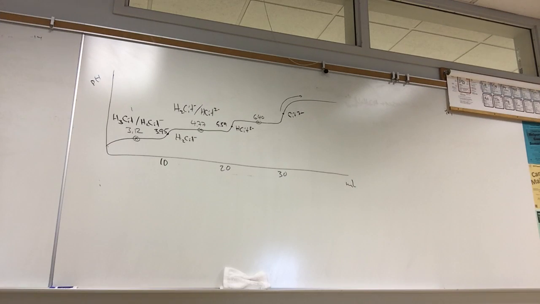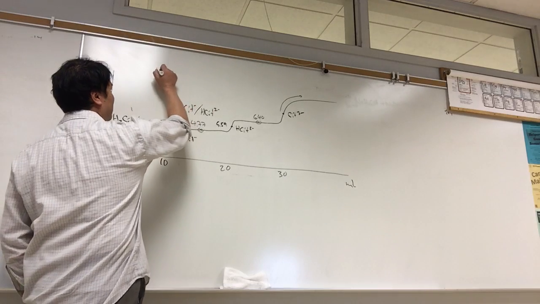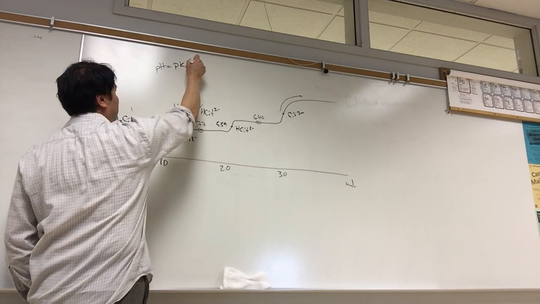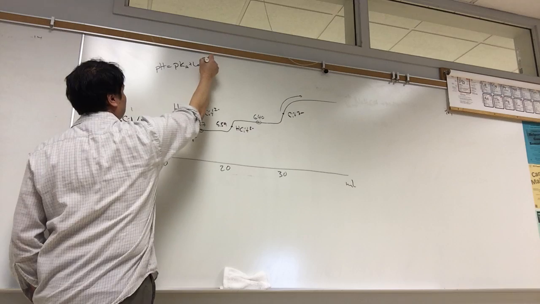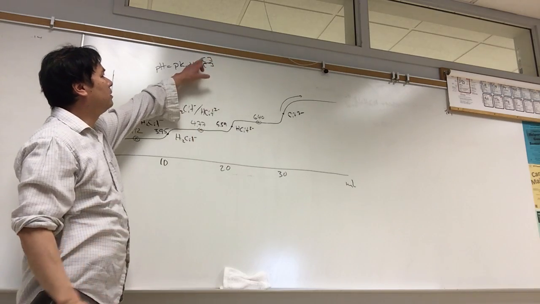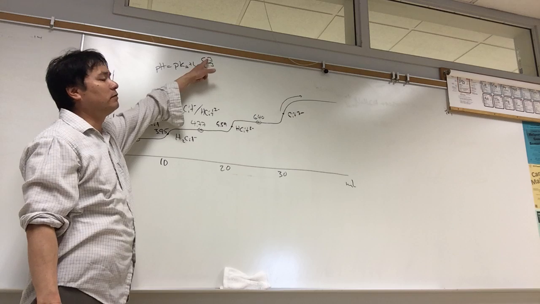Why doesn't it have an impact earlier? Because the pH in these regions is dictated by these two equations. pH is equal to the pKa plus the log. If you were to dilute it, let's say I cut the concentration in half.